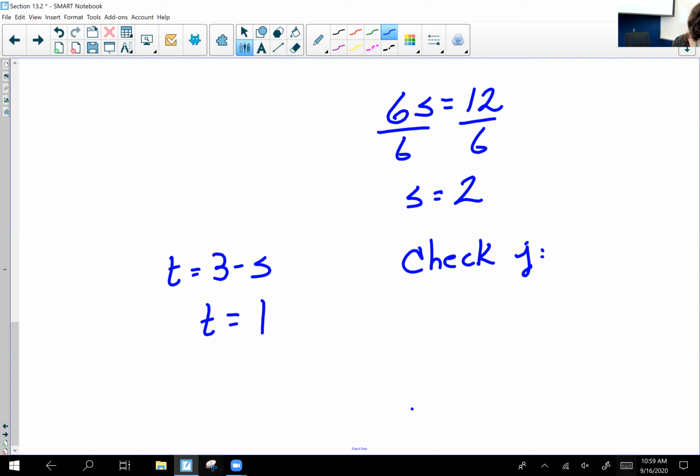If we look at the j component, we're going to have 1 minus 1 equals 2 minus 2, and 0 equals 0. So we're in good shape. It doesn't matter at this point whether we put this into R1 or R2. We're going to come up with the same solution.